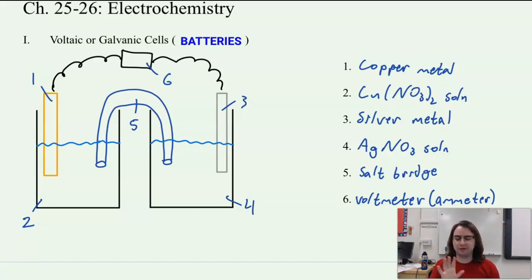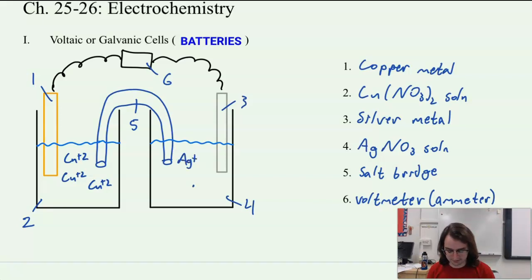Now, let's focus in on the solutions for a second. In the beaker with the copper nitrate solution, what's really important is that we have a bunch of copper ions floating around in solution. Conversely, in the other beaker, we have a bunch of Ag ions hanging out in solution.